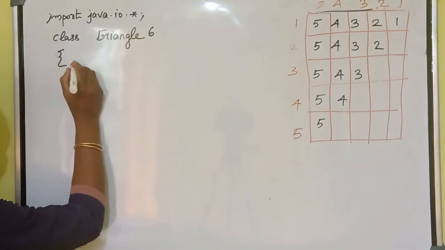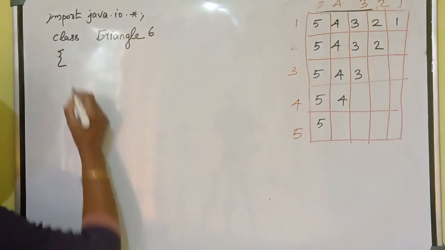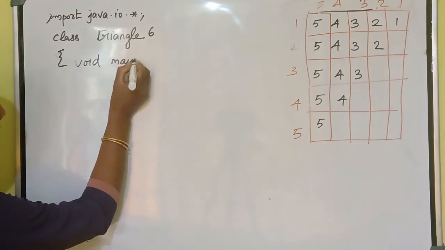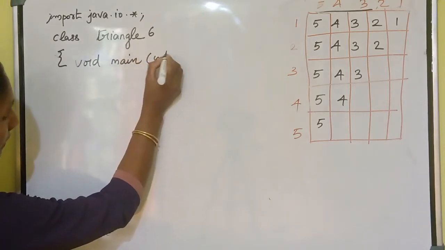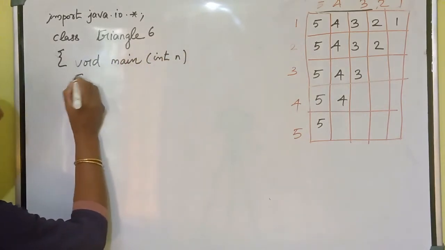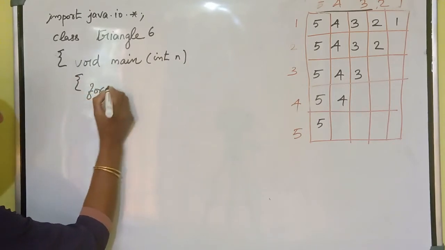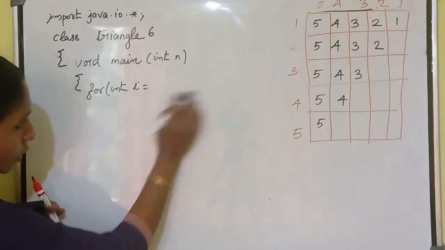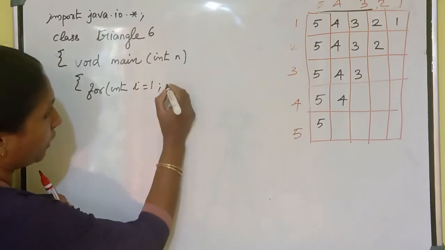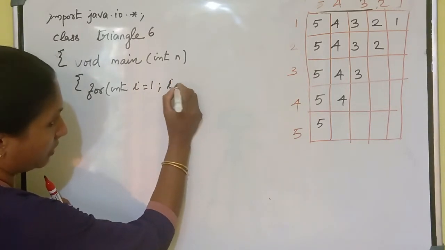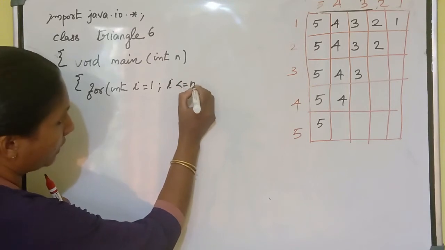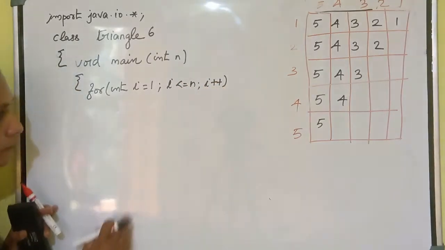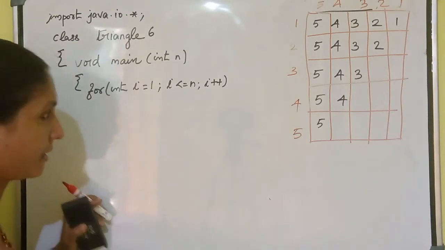Okay. First we will start a function main with one argument int n. Here this i represents the row numbers. Here i will start from 1, i less than or equal to n, i plus plus. The same loop we give for the triangle.